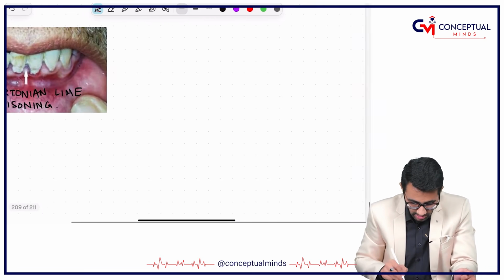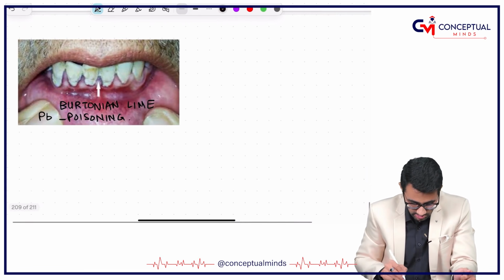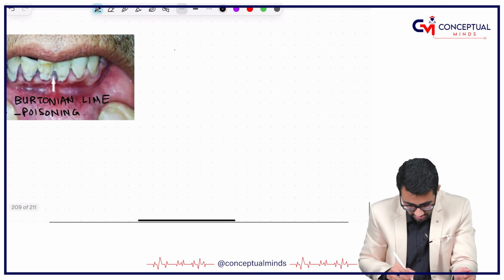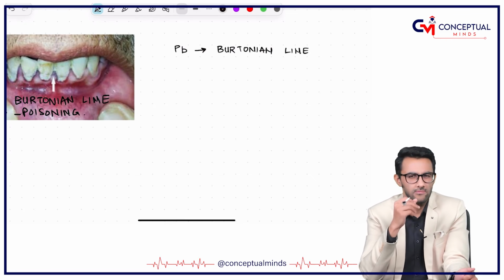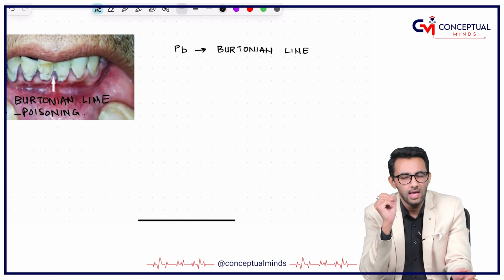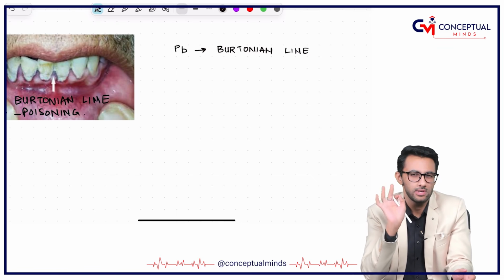All right, so how I remember this one is, if we just write Pb, right, Pb, and if you just go like Beau's line, because for me, I used to get confused so much between Aldrich-Mees lines and Beau's lines.